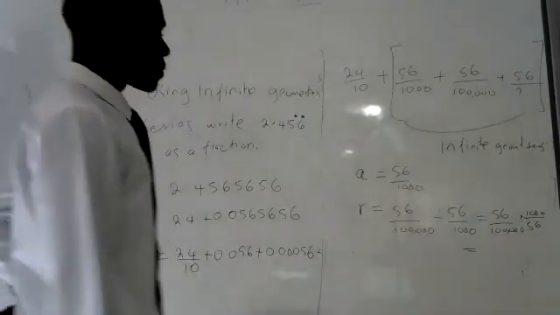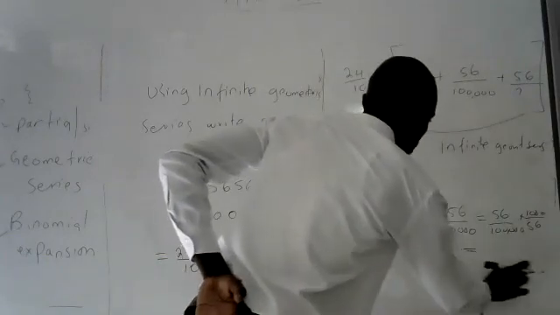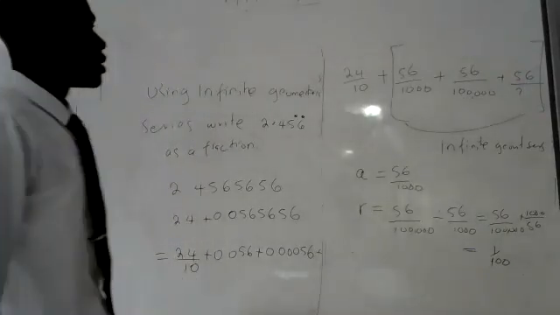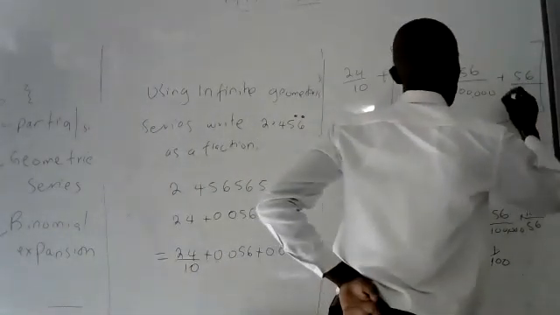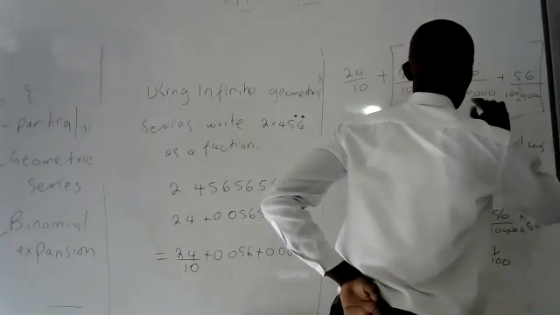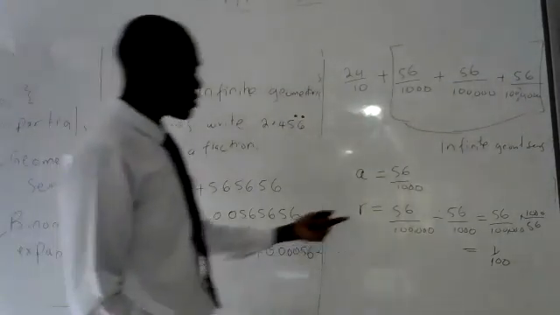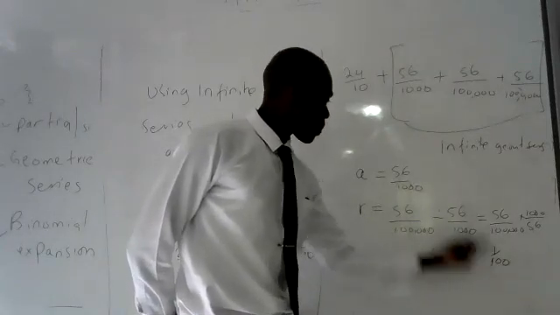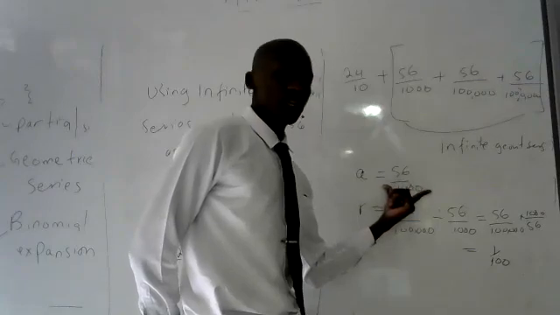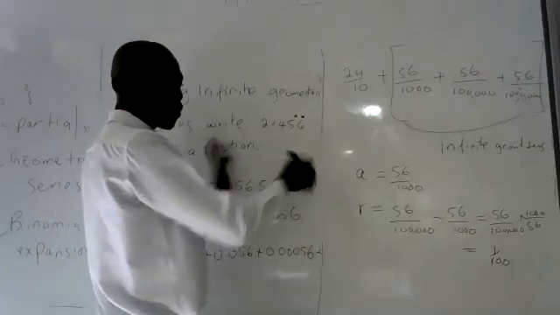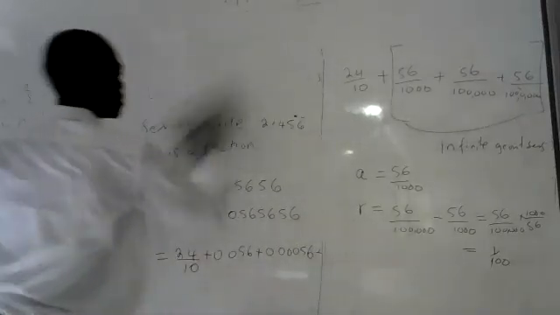So what do we get? 1,000 divided by 100,000 is 1 divided by 100. There. So we have r, it's actually less than 1. 1 over 100 is less than 1. We have an a. We can find the sum of the infinite terms in this sequence because it's recurring, which means this pattern goes on up to infinity.